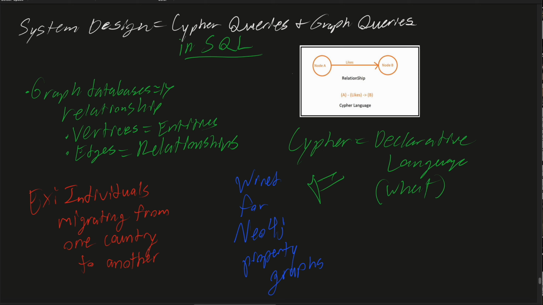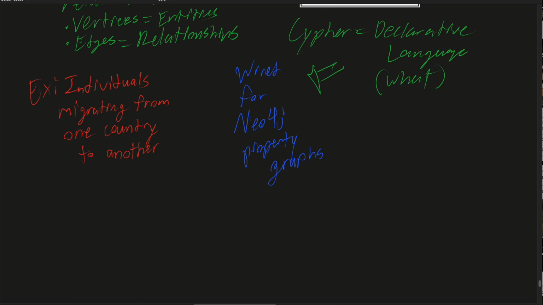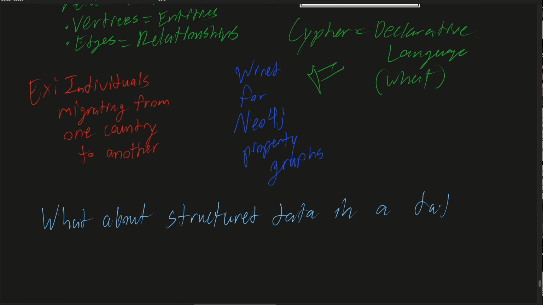But what if our data lies within the familiar yet rigid structure of a relational database? What about structured data in a relational database?